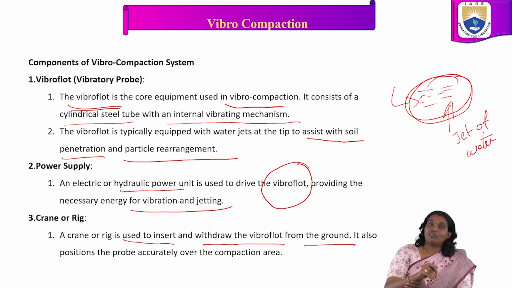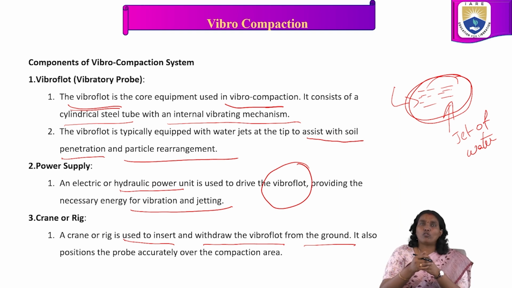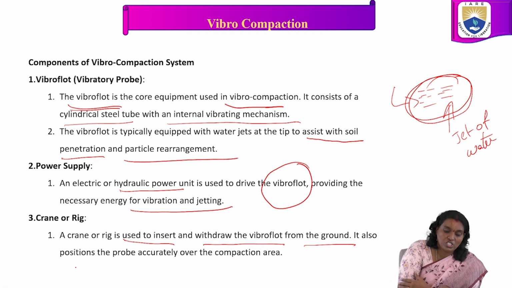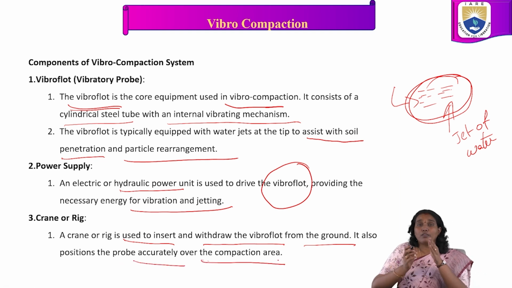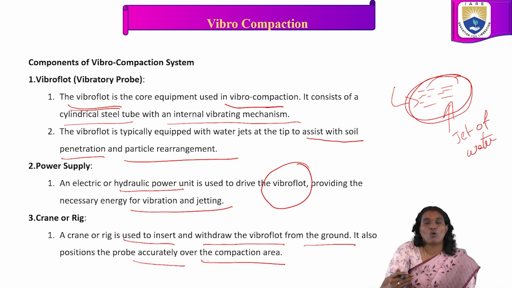For that we are using these cranes to insert as well as withdraw the vibro compaction equipment. The crane also positions the probe accurately over the compaction area. It helps where the position is required for getting the required enhancement and the required soil properties.